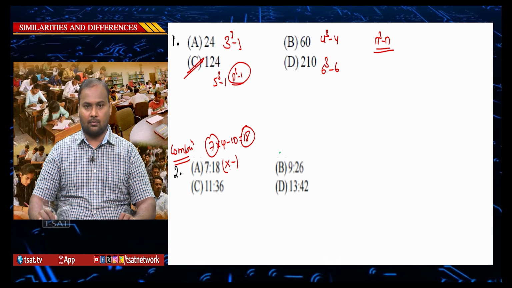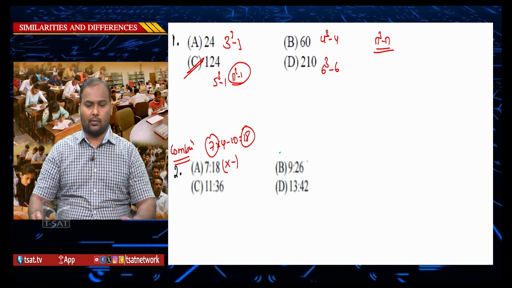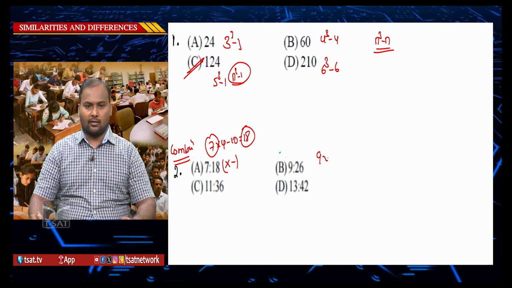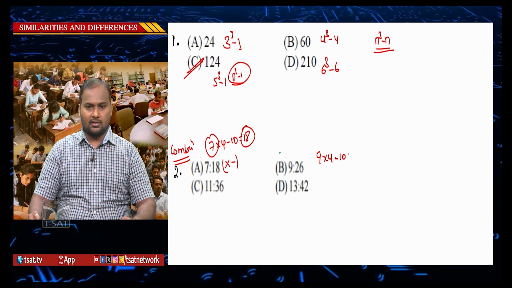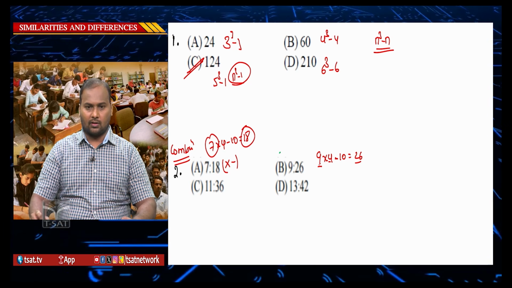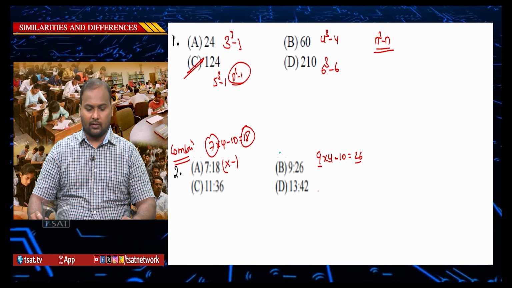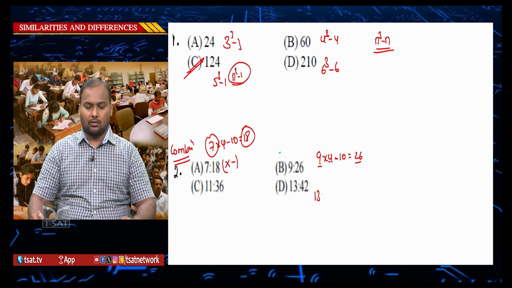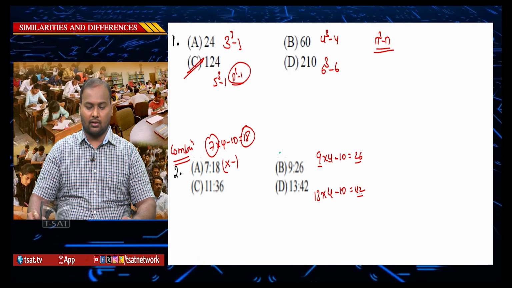In the same way, 9 and 26: 9 times 4 is 36, minus 10, then you get 26. Here also the combination is multiplication and subtraction. In the same way, here also 13 times 4 minus 10 is equal to 42.